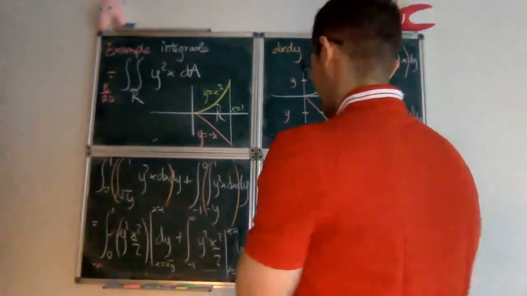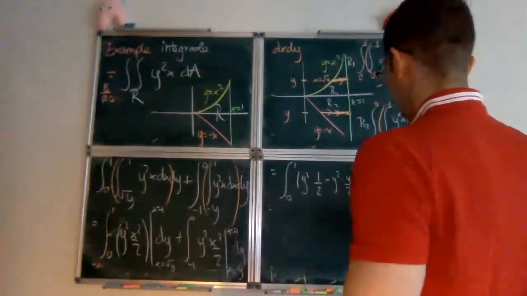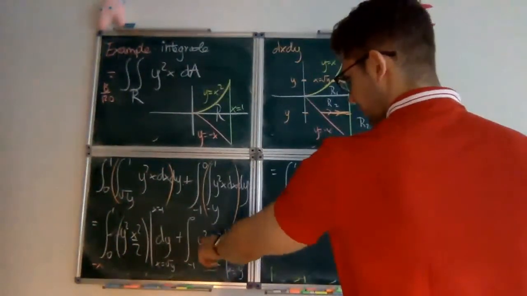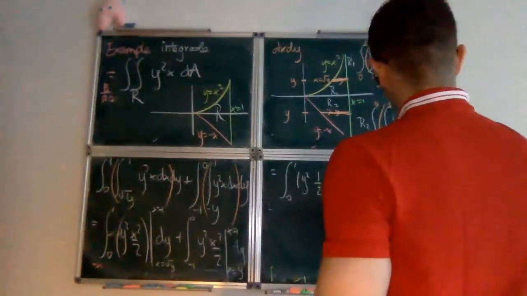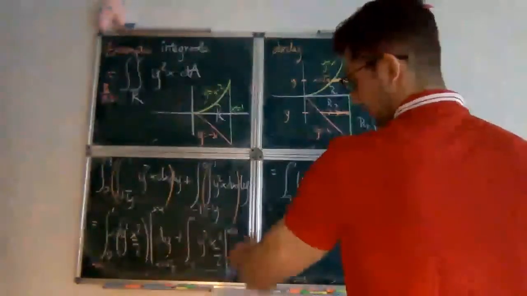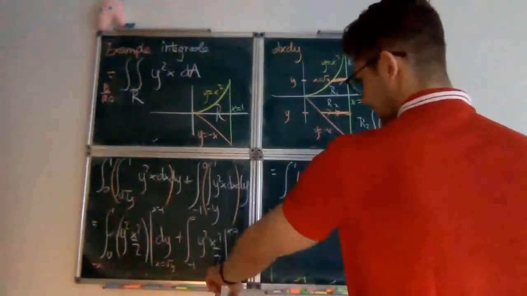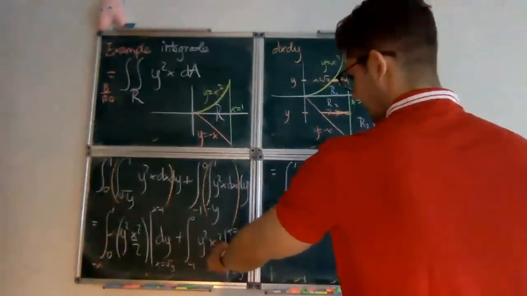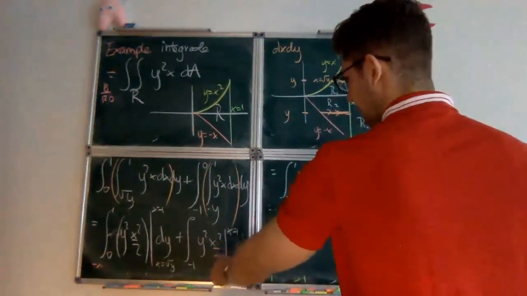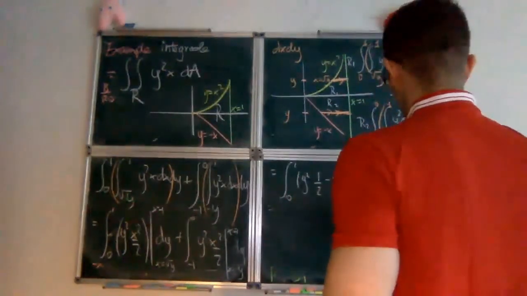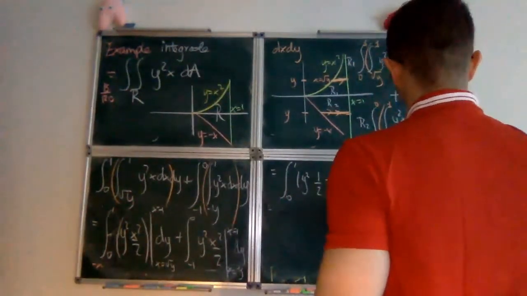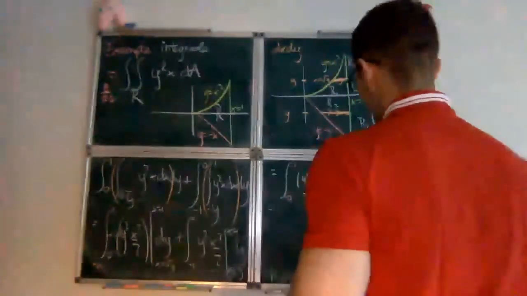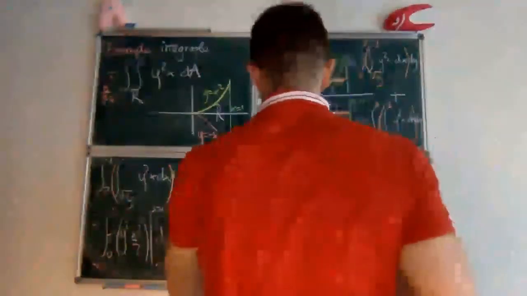And here you get the integral from -1 to 0 of y squared over 2, because x equals 1, so you just get y squared over 2, and then when x equals negative y, you get y squared over 2. So you get minus y squared times y squared over 2. That's times dy.